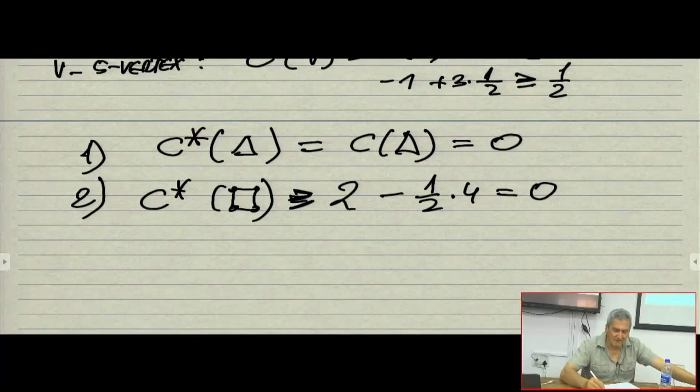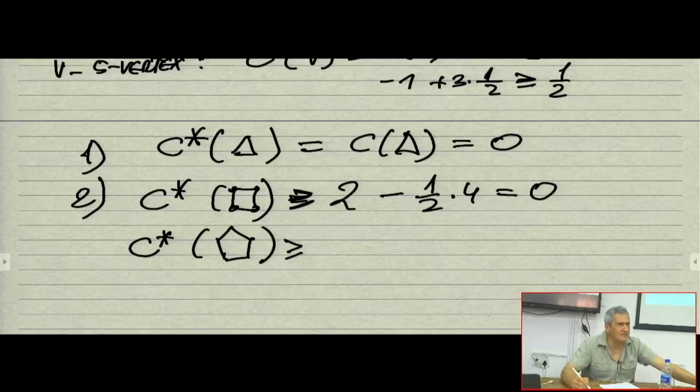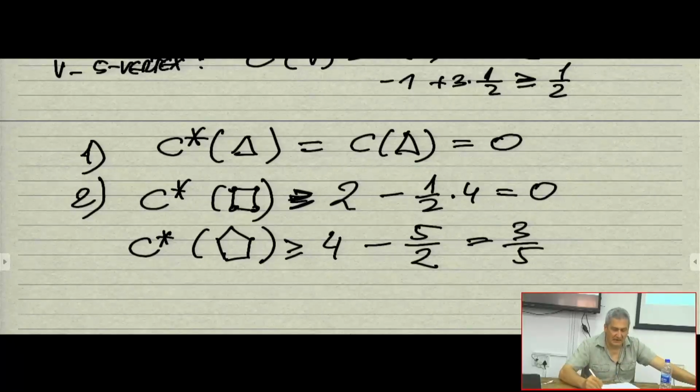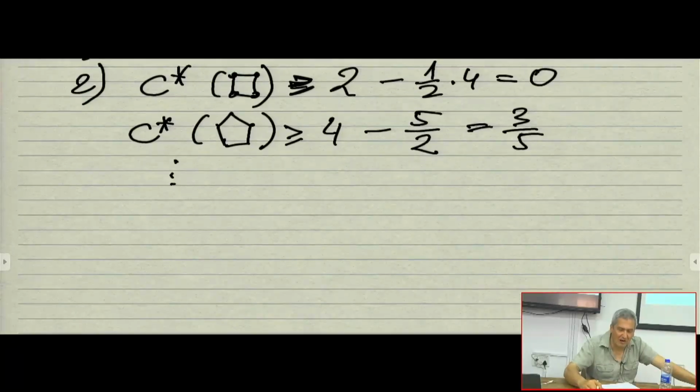Let's see a 5-face. Initial charge is 2 multiplied by 5 minus 6, which is 4. It sends at most 5 halves, and this is like 3/2. And so on. Actually, we can do that at once.